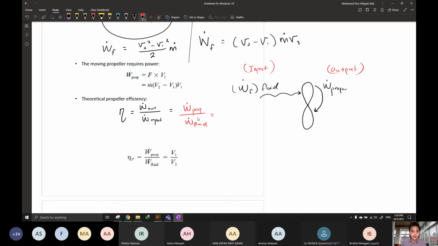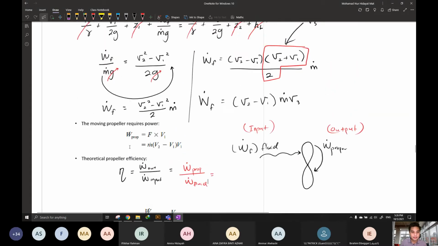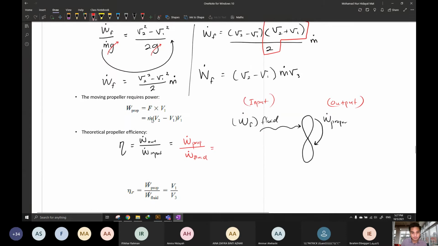So what's the formula of W propeller? W propeller is mass flow rate times V2 minus V1 multiplied with V1, over the work rate of the fluid, which is V2 minus V1 times mass flow rate times V3.